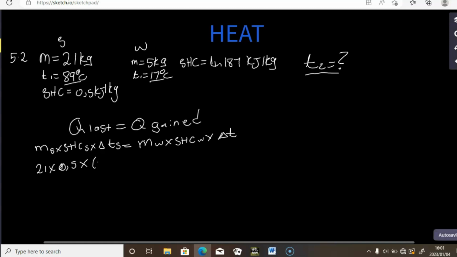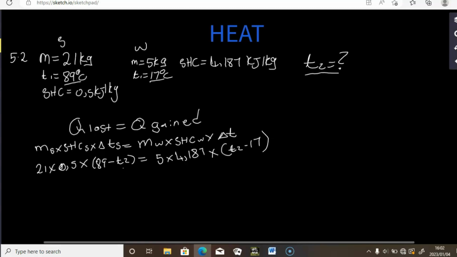Therefore, we are going to say 89 minus T2 is equal to the mass of water, 5 kg, times the specific heat capacity, 4.187, times the change in temperature, which will be T2 minus 17. Remember, the water is gaining heat energy, therefore T2 will be greater than T1.